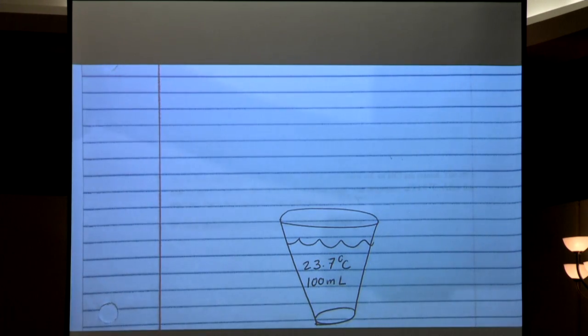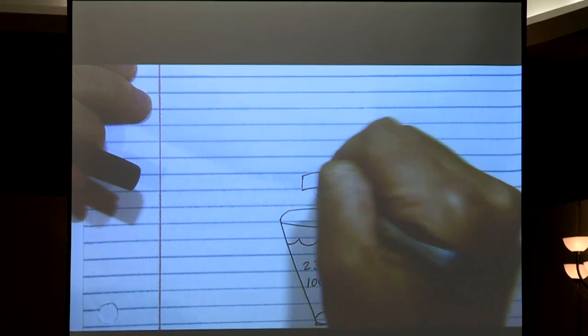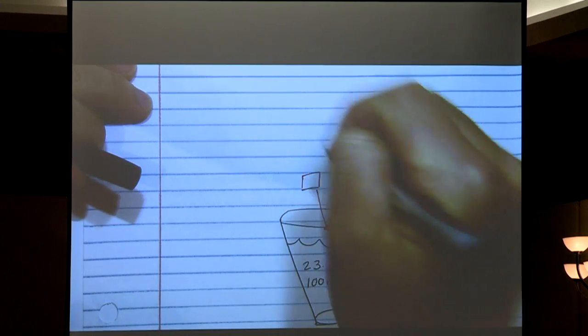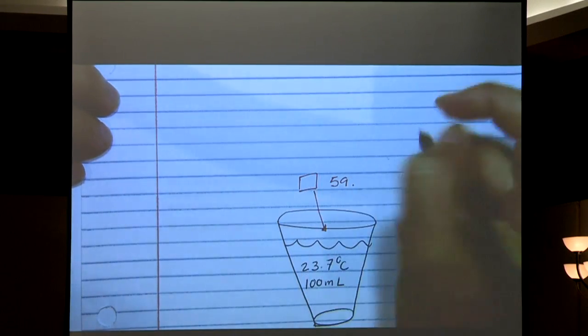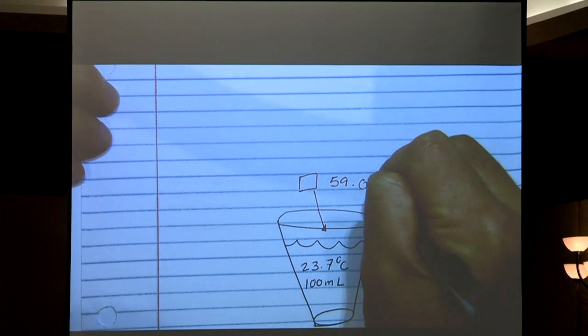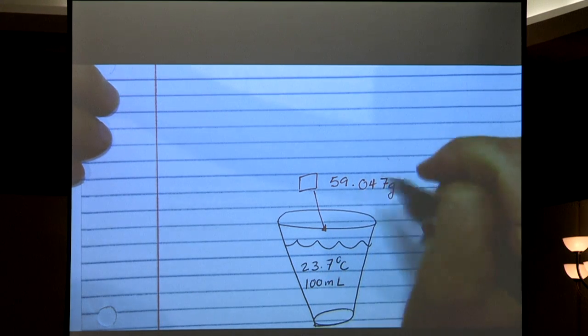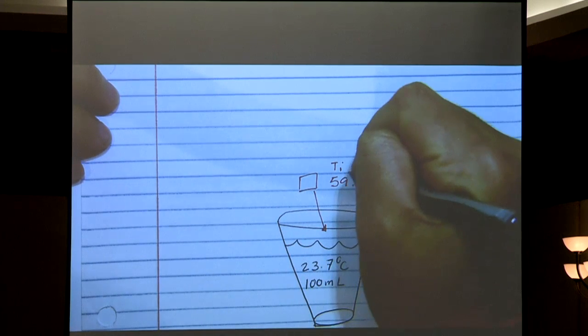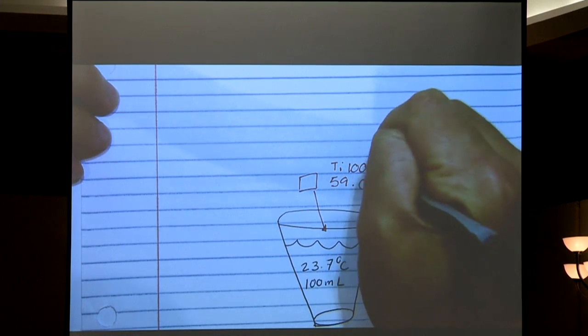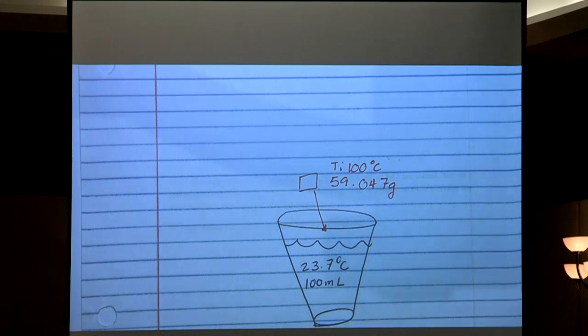And we're putting a hot piece of metal with a mass of 59.047 grams and a temperature of 100 degrees Celsius into that water.